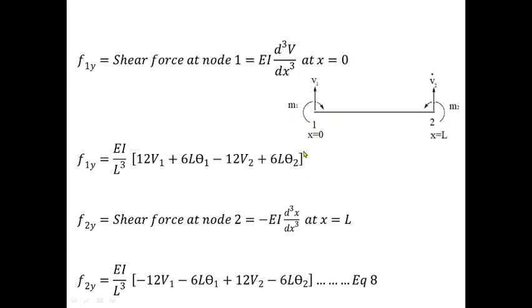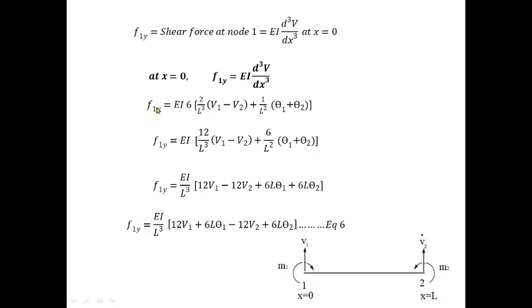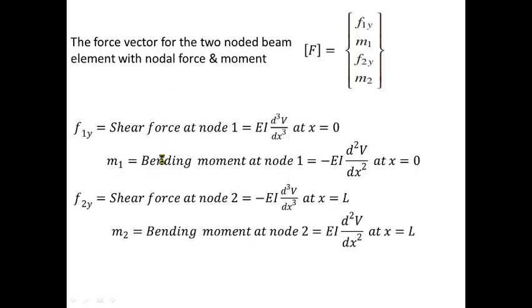Now in order to write F2y, it is very simple, because if you check F1y and F2y, both have the same equation, but the only change is the length L and you have a negative sign.